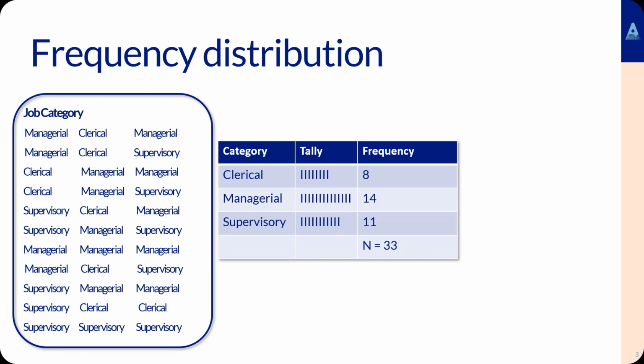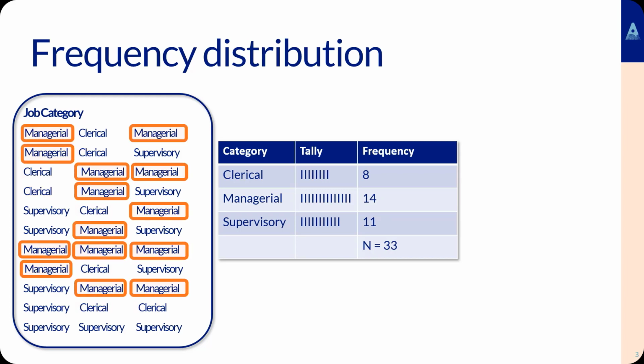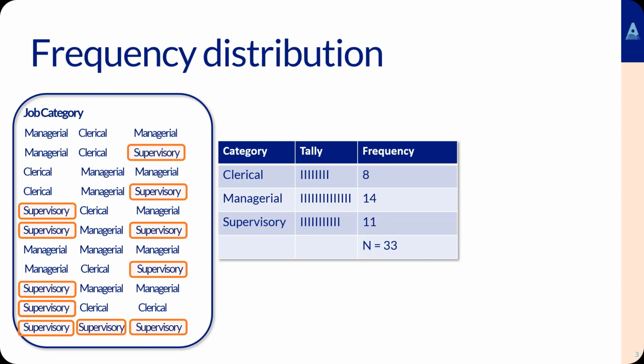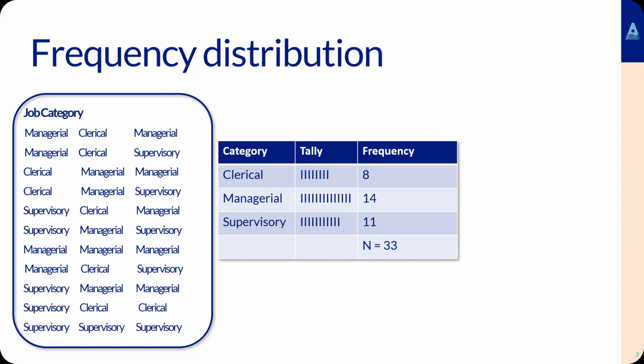We do that by constructing a frequency table. We create the category headings, which are the data values in the variable, job category, and then we can just tally them. And when we tally them, we get a frequency. So you can see there's 8 clerical, 14 managerial, and 11 supervisory, and a total of 33 data items in the data set.